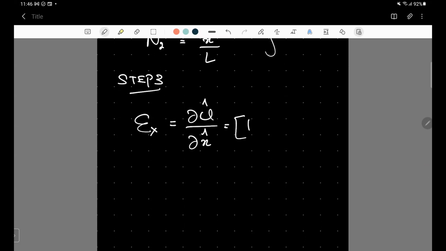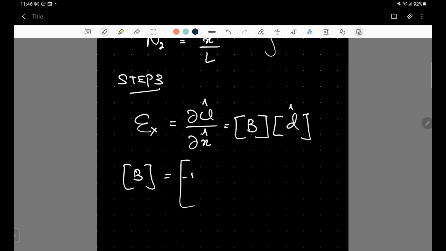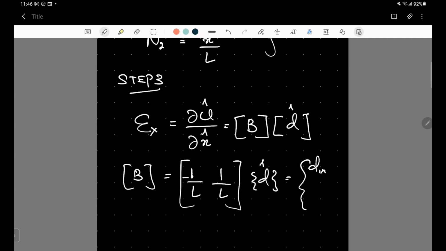We can write it using the B matrix and the d hat matrix, where the B matrix is equal to [-1/L, 1/L], and the d hat column matrix is equal to d1x hat and d2x hat.